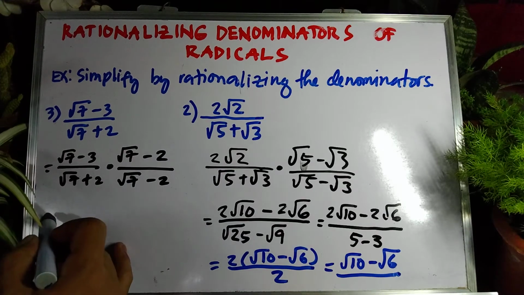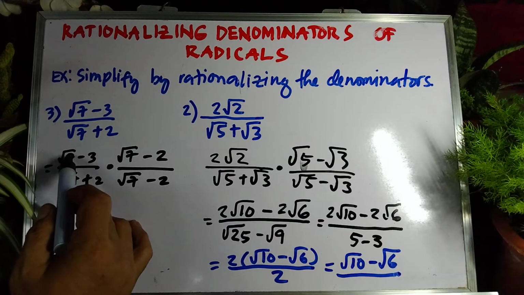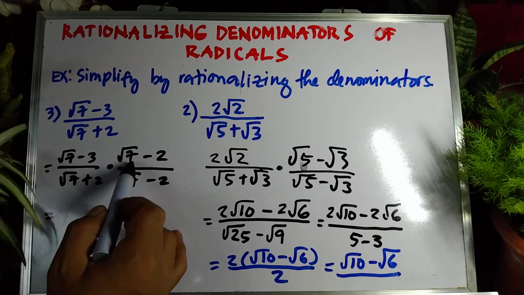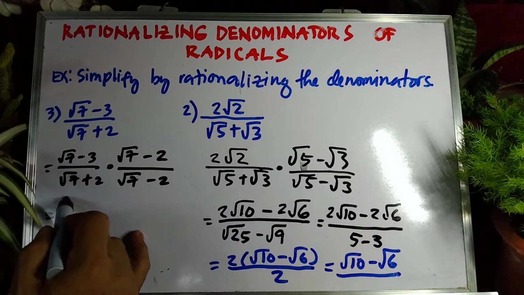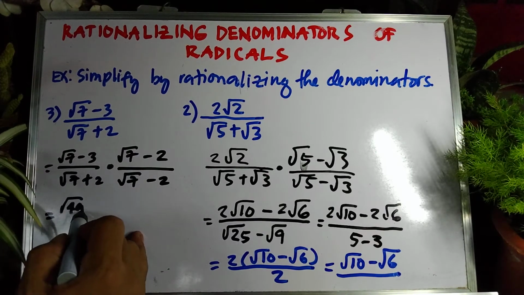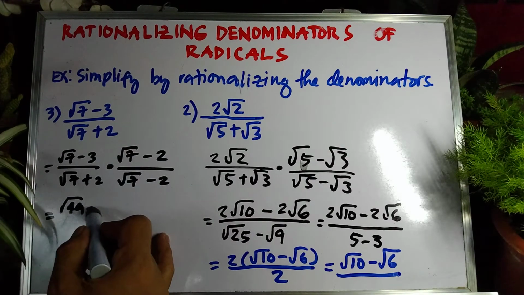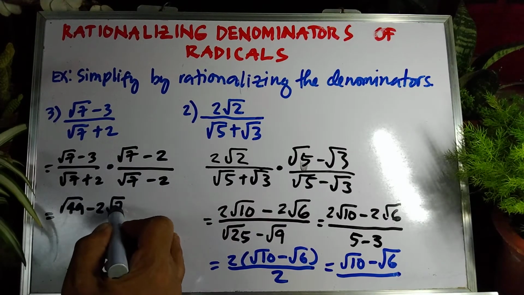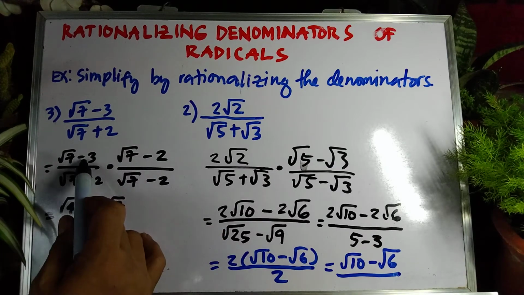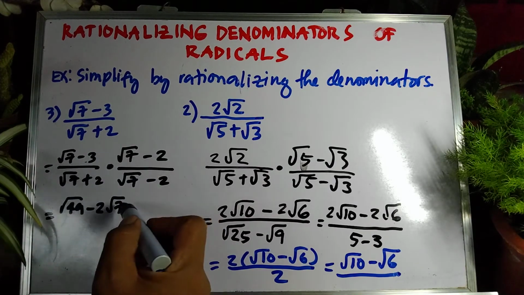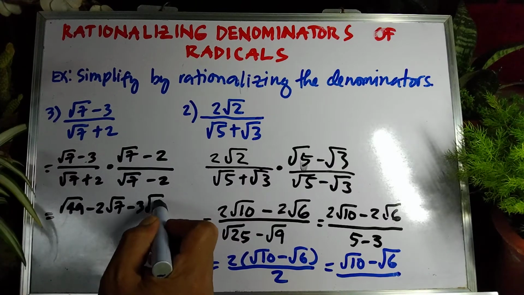Let's continue. Distribute: square root of 7 times square root of 7, you have square root of 49. Square root of 7 times negative 2, so minus 2 square root of 7. Negative 3 times square root of 7, negative 3 square root of 7.